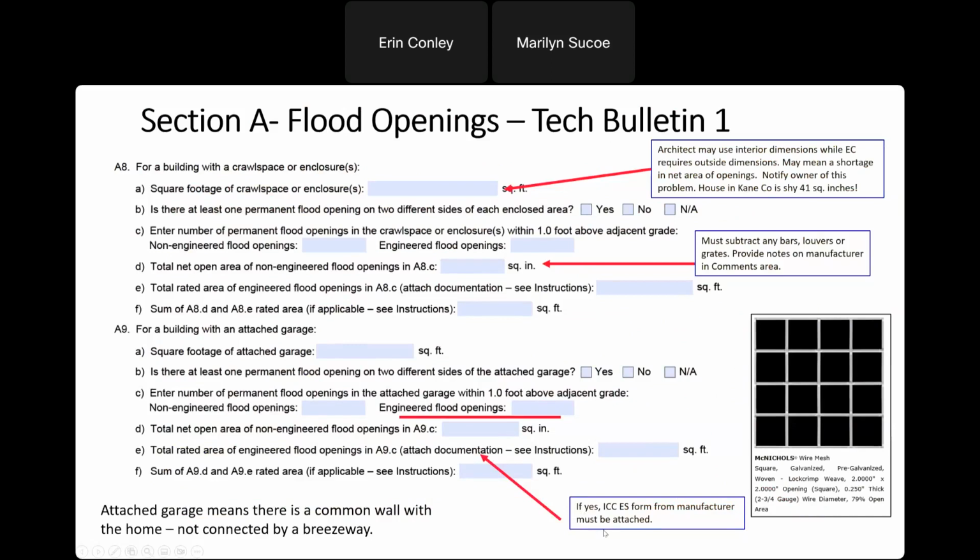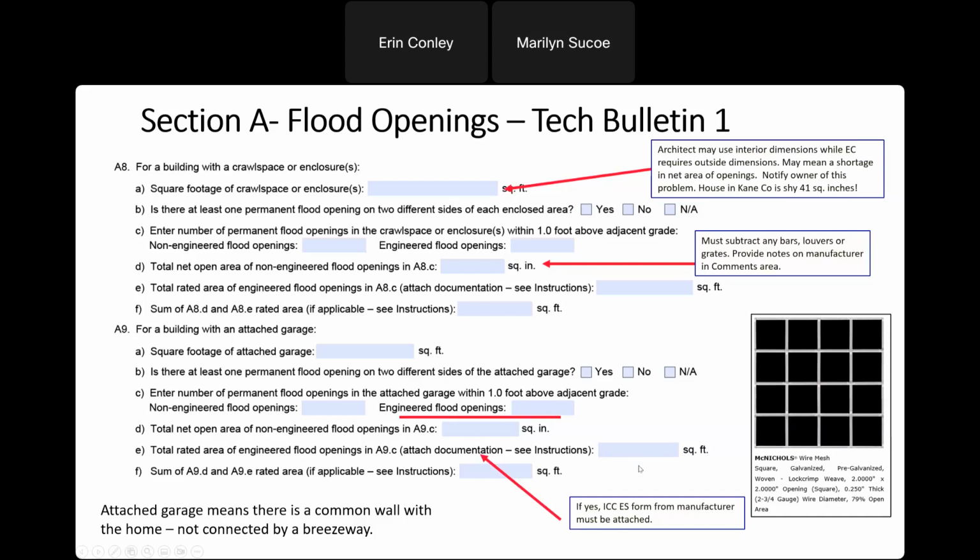So there is an ICC-ES form from the manufacturer that needs to be attached, explaining, for example, if you had 4 openings and each one is rated for 200 square inches of flow, then under C you would have 4 openings, and then the net open area there would be 800, and under E, you would have 9E, you would have what it's rated for, which would be 4 200 square inch openings.